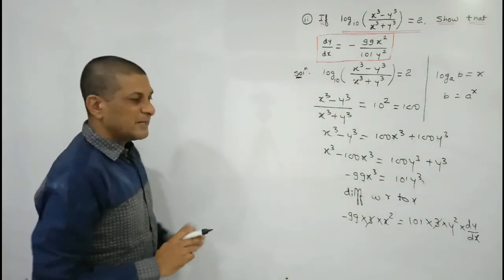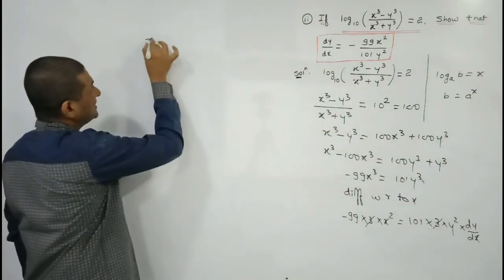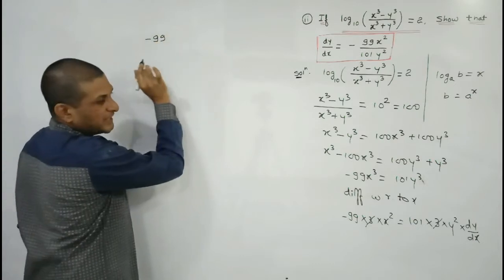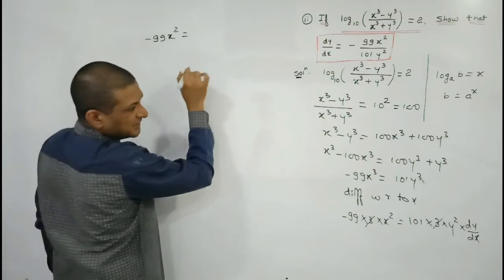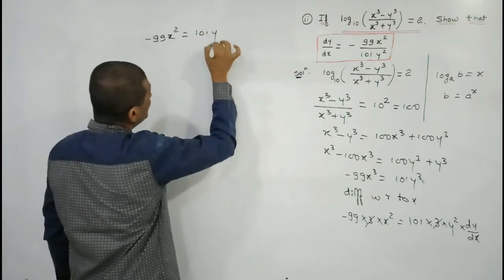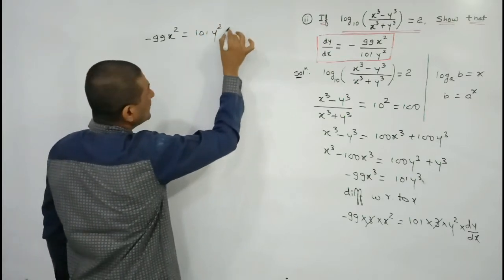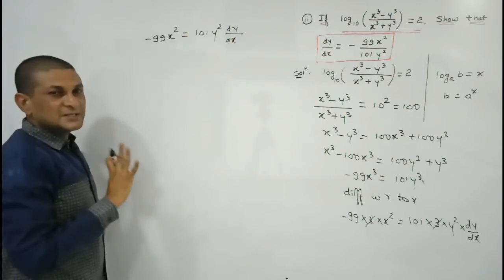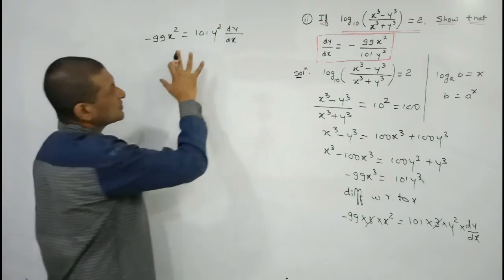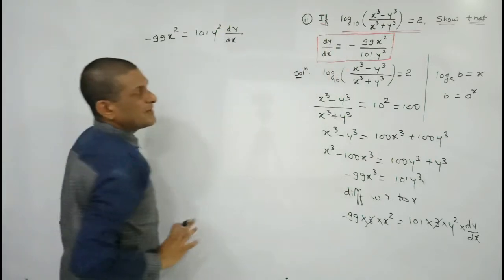Remaining term on the left hand side will be minus 99 into x square, means minus 99 x square, and on the right hand side 101 y square into dy by dx. Now nothing is there to simplify, just try to simplify it so that we will get our required result.